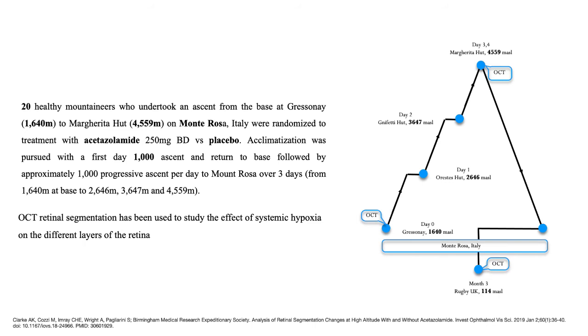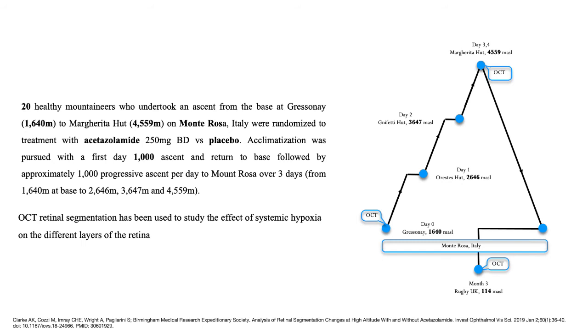So Margherita Hut is the highest scientific laboratory at 4,559 meters above sea level, which is the peak of the Monte Rosa base in Italy. The group of healthy volunteers were randomized 50-50 with acetazolamide and placebo.